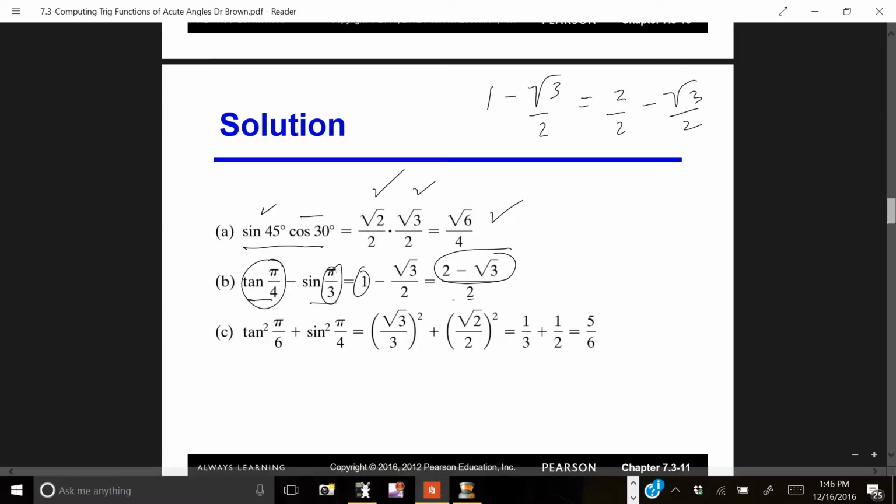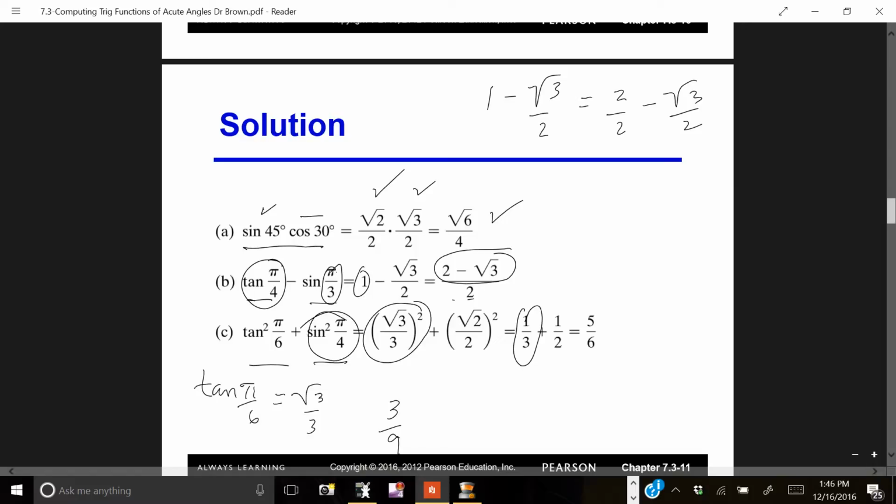Now we were asked to calculate tangent squared of pi over 6 plus sine squared of pi over 4. Well, tangent of pi over 6, if you look on the previous slide, is equal to the square root of 3 over 3. So that squared would be 3 over 9, equals 1/3.